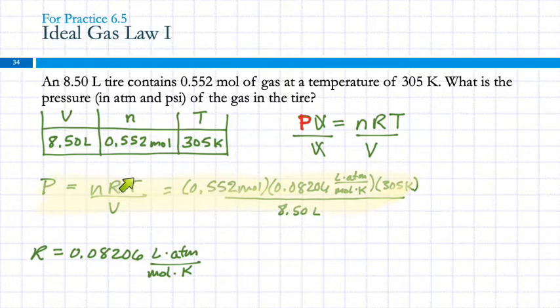That way I can look and double check, did I get everything in the correct place? I can check my units. I see that the moles cancel and the Kelvins cancel and the liters cancel. And so then when I do the math, I'm going to end up with the pressure in atmospheres.